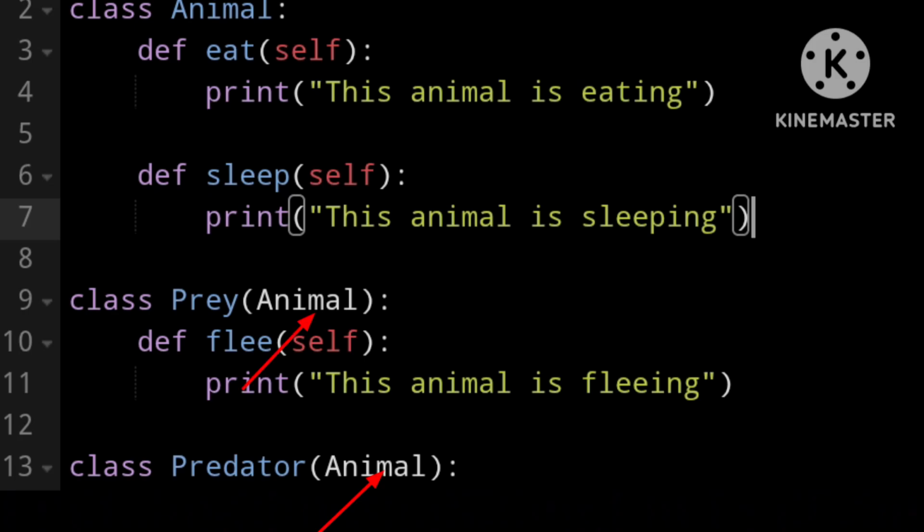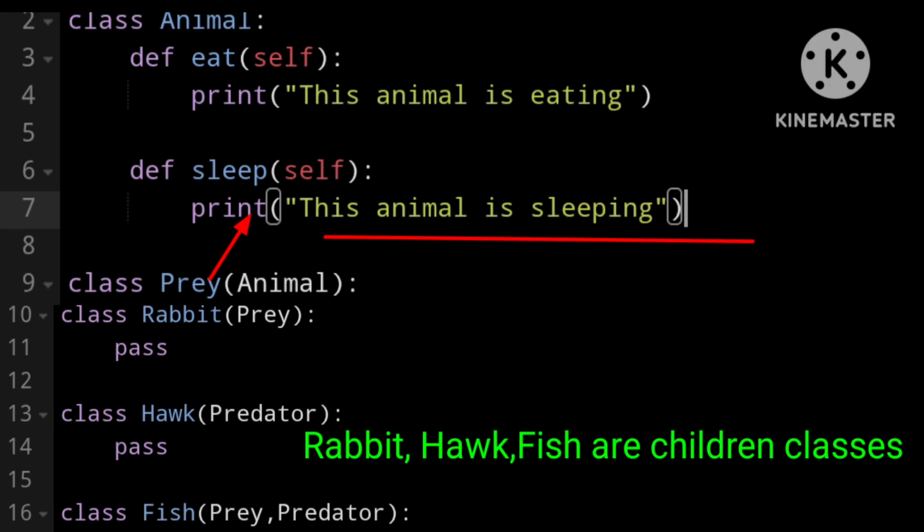Let us say if you are an animal, you get a method to eat. All animals will eat. Print this animal is eating. And you can sleep. Define sleep. Print this animal is sleeping. So think of Rabbit, Hawk and Fish as child classes.